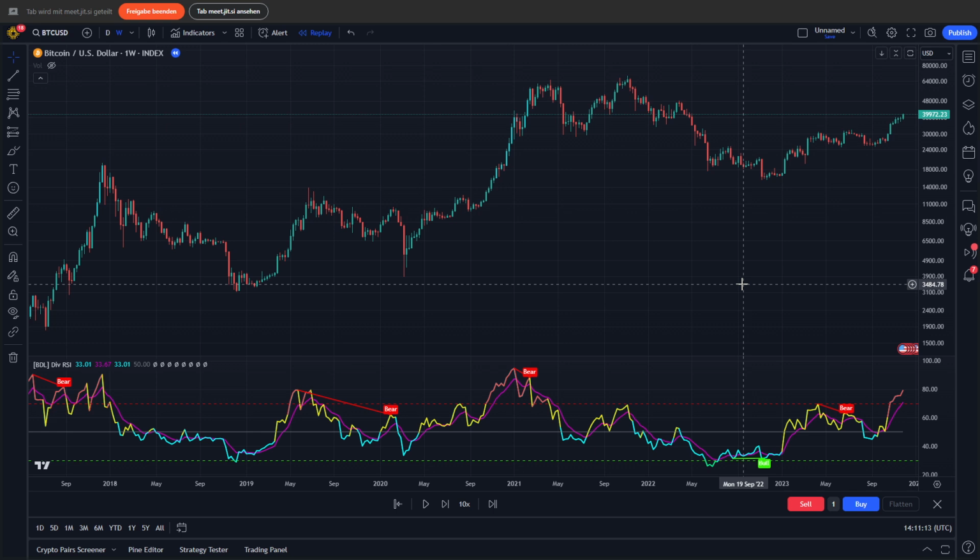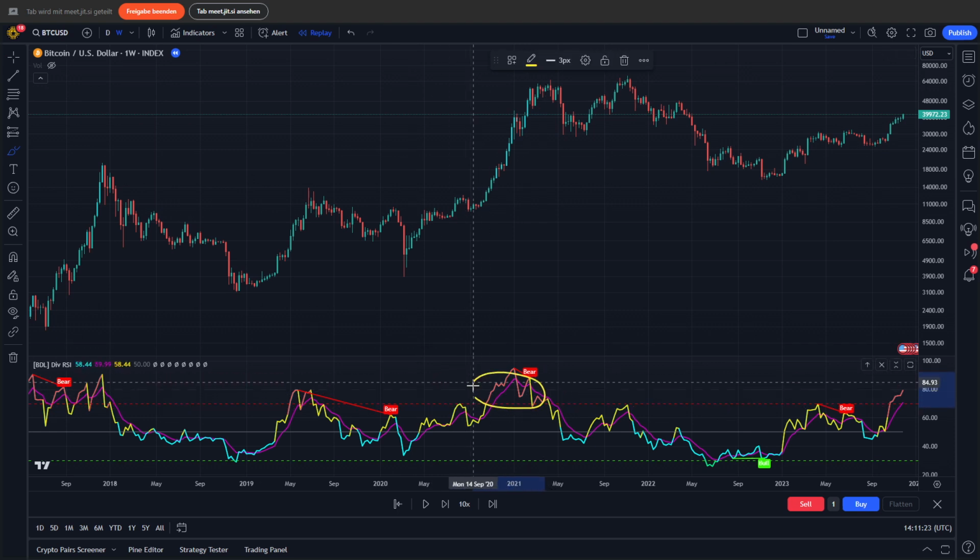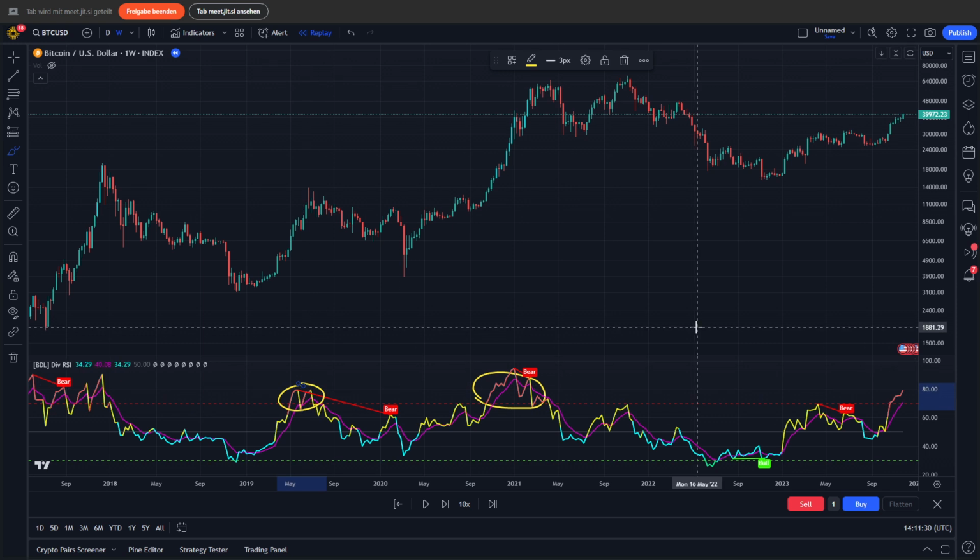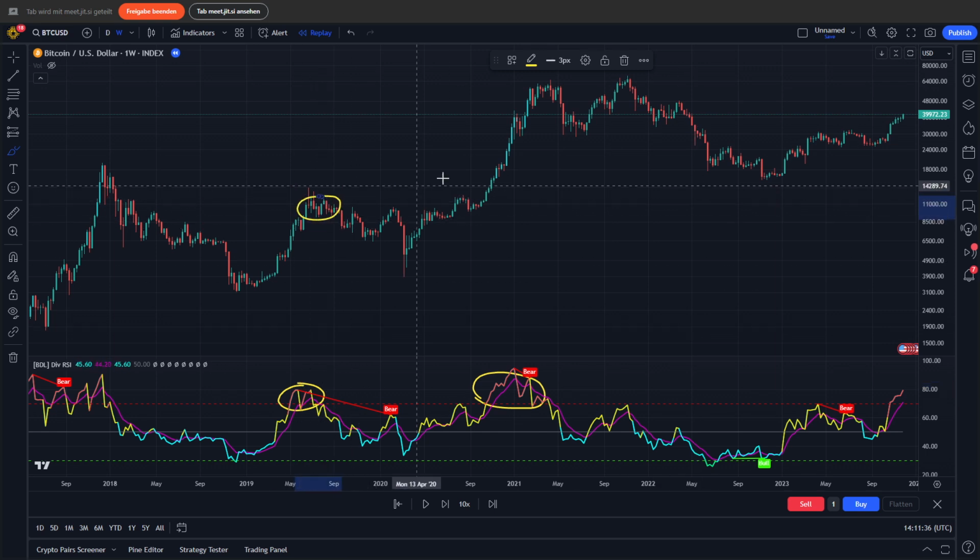When the RSI comes above the 70 level, we get the red color. We already explained that would be a great position to take profits or ride that bullish momentum.